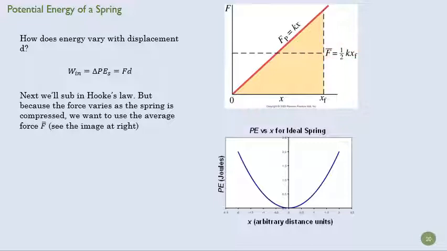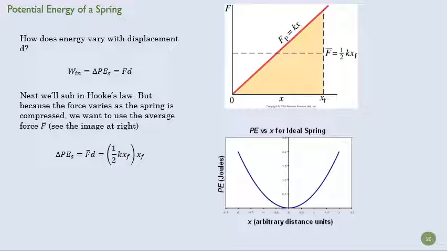So this becomes a nice way of explaining our average force, right? Because we can look at this triangle and figure out our average force. And then we know what our average force is, and we're going to multiply that by distance, right? So our average force is here, and it already has a d in it, right?